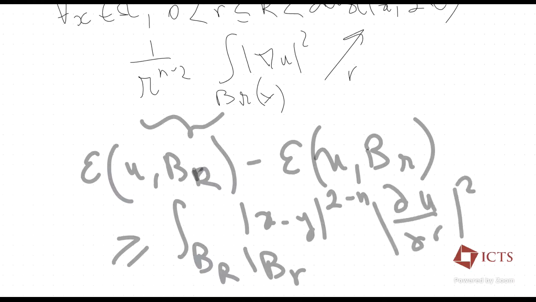So not only do you know that this is non-decreasing, but you know exactly what is the price you pay in the monotonicity. This is this factor. It will have a very important consequence later.